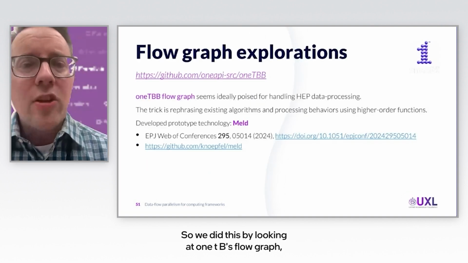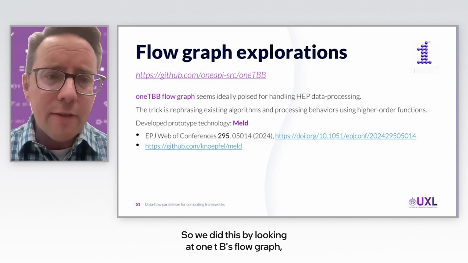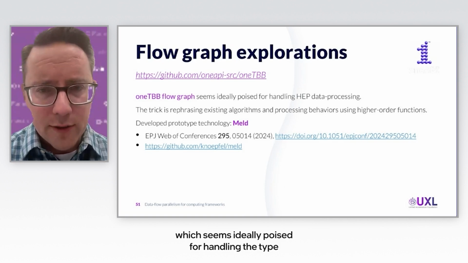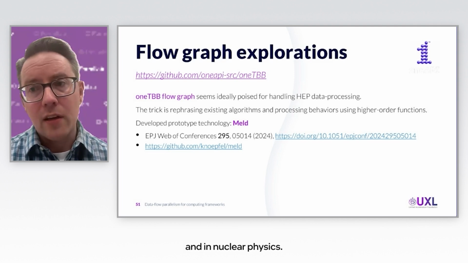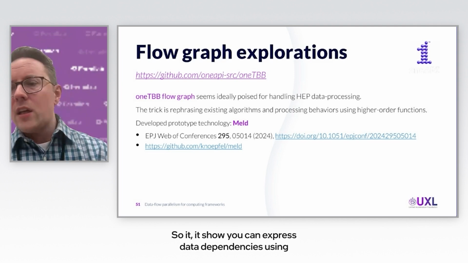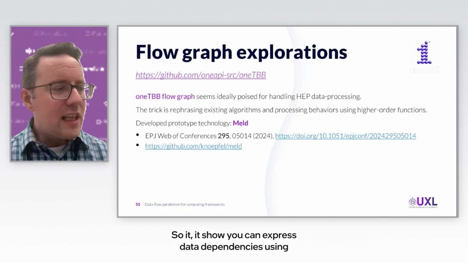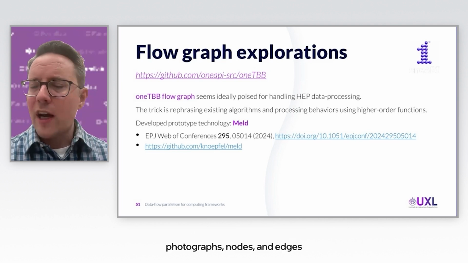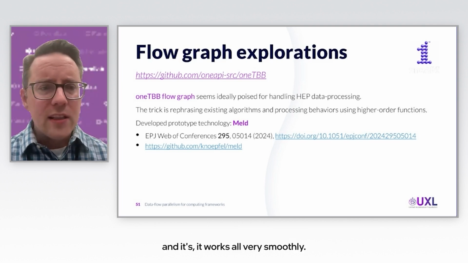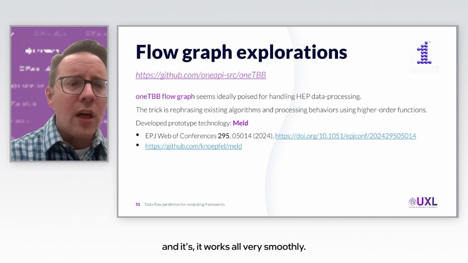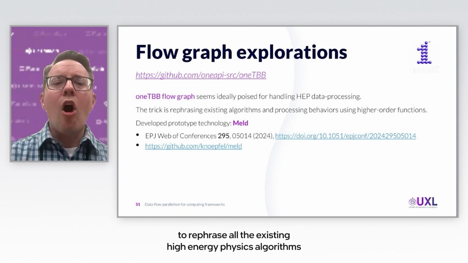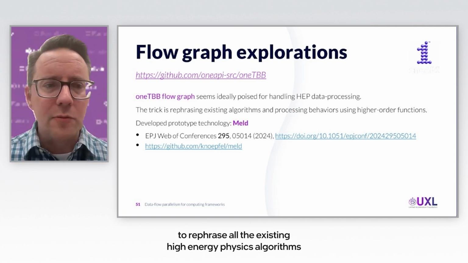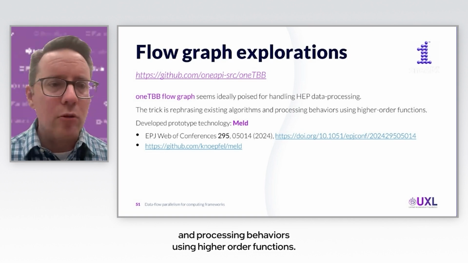We did this by looking at oneTBB's flow graph, which seems ideally poised for handling the type of data processing that is in high energy physics and in nuclear physics. You can express data dependencies using flow graphs, nodes and edges, and it works very smoothly. The trick, though, is figuring out how to rephrase all the existing high energy physics algorithms and processing behaviors using higher order functions.